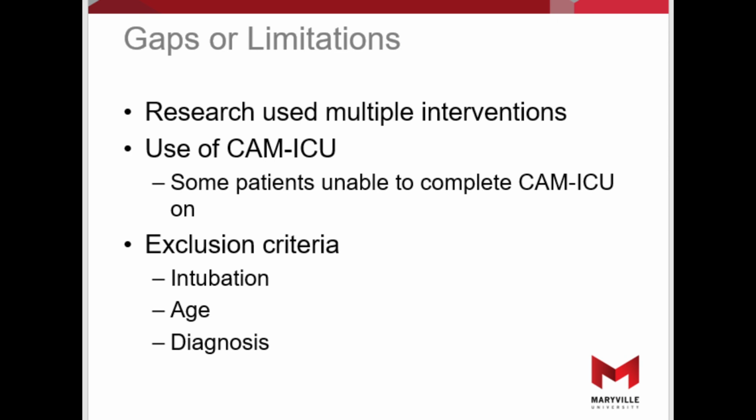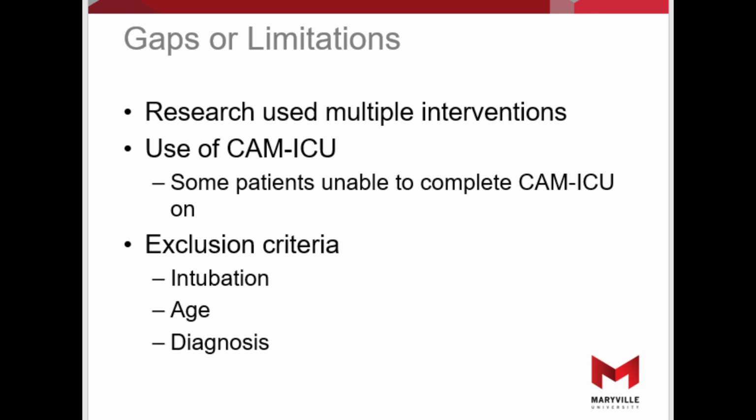The gaps or limitations that were found throughout the study were, as I talked about, the research to help support the study used multiple interventions when looking at delirium prevention, and we really wanted to just focus on the noise and light reduction. Using the CAM-ICU method, some patients were not able to complete it.